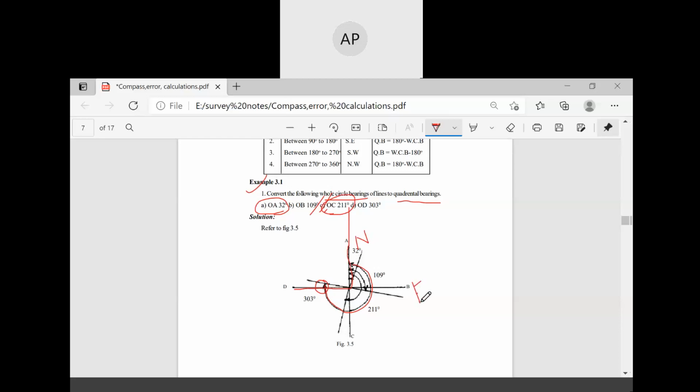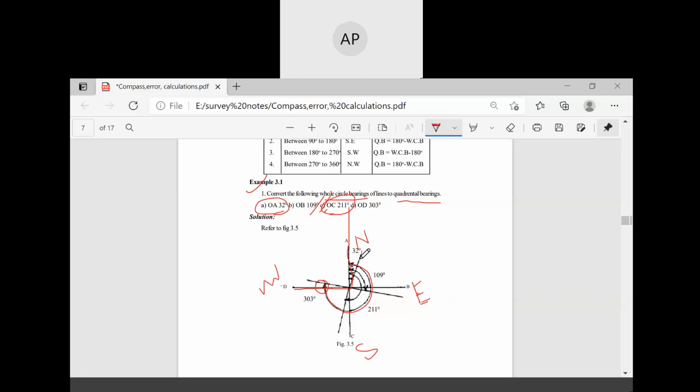Whenever you do such type of problem, you just draw the direction diagram and then you have to convert. Okay. North, this is your west, and this is your south. So automatically it lies in the northwest direction. So how can you calculate this angle?